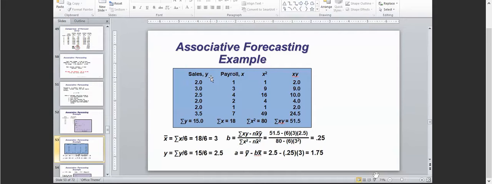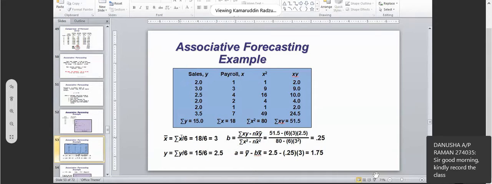Linear regression analysis. In order to forecast the value of y, we need to find the value of the slope b and the intercept of the y-axis, a. The first step is to find the average of x, or x bar.